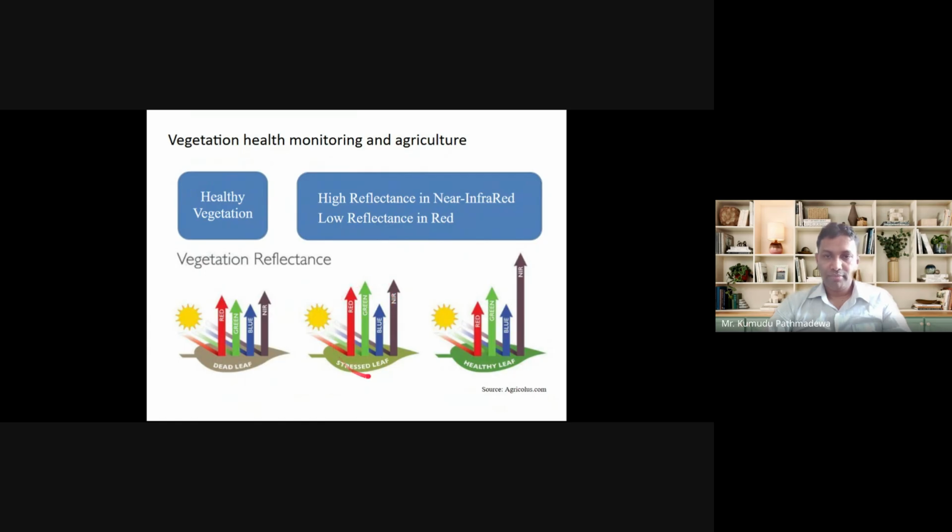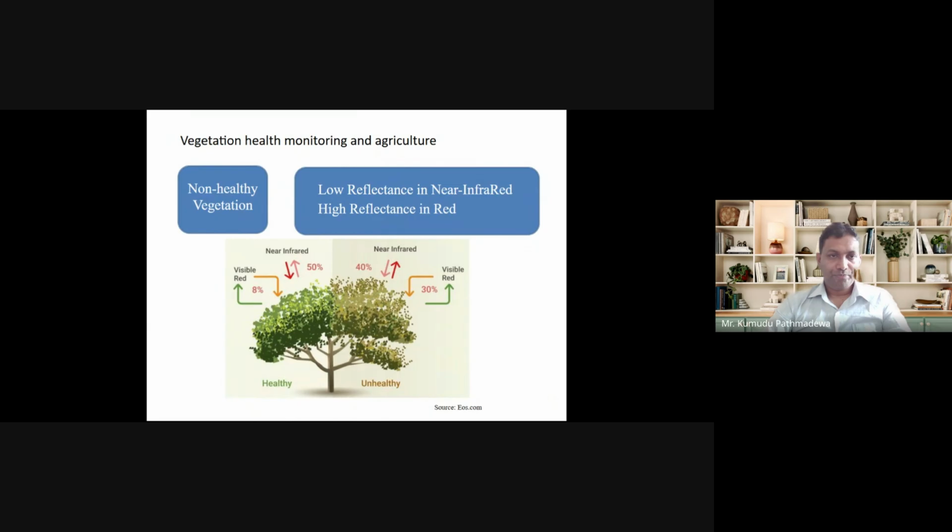So you can see stressed or unhealthy dead leaf. Its spectral reflectance is different from healthy leaves. So here also, for your understanding, in a single tree you can see there may be healthy and unhealthy leaves.